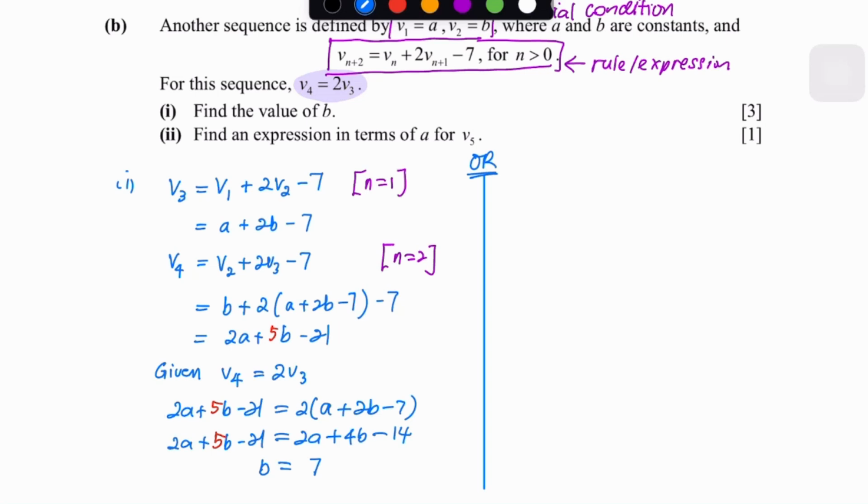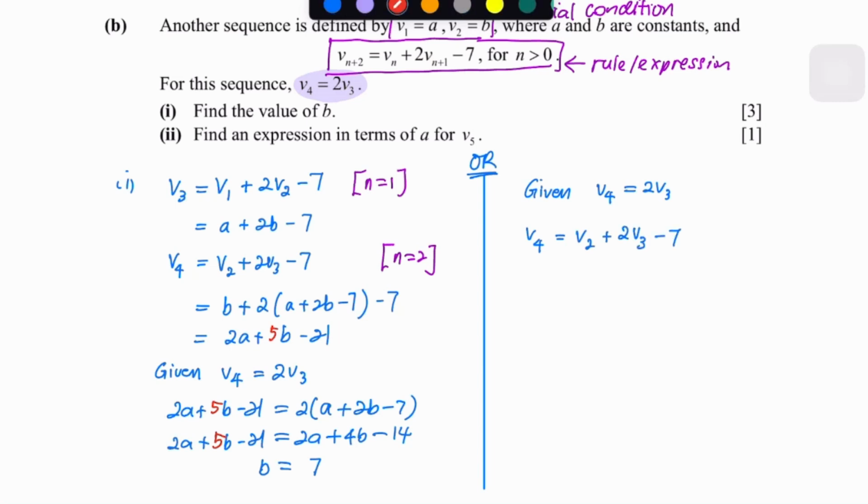Positive 7. Okay. Now, the second way is, given this relationship, given V4 equals 2 times V3. At the same time, for V4, you build the relationship. So this is V2 plus 2 times V3 minus 7, correct?